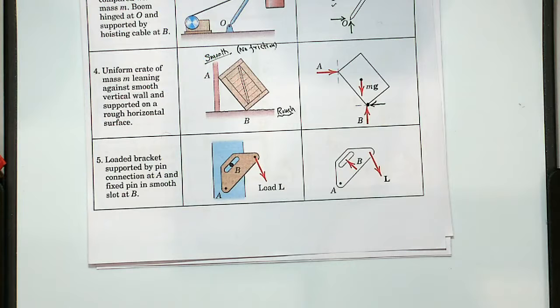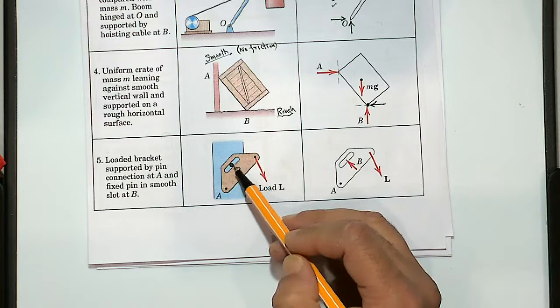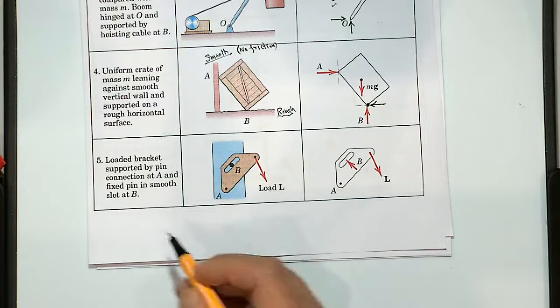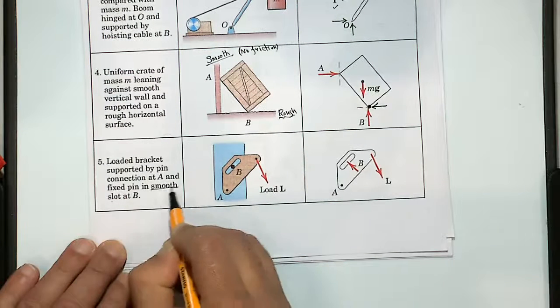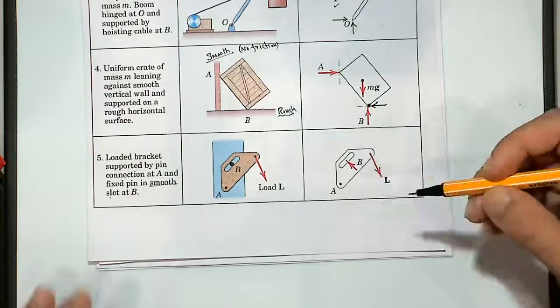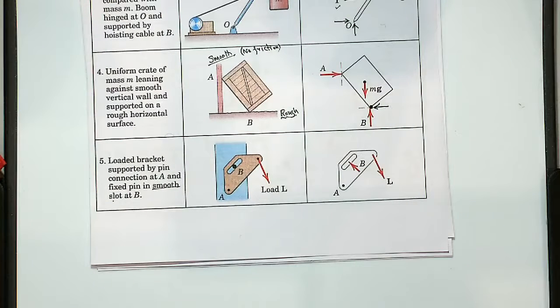So complete the free body diagram. Now the surface of the pin and slot is smooth, so that is a smooth slot, meaning no friction at this point. So any reaction force would act perpendicular to the surface.